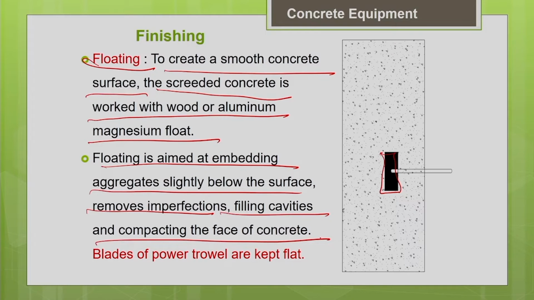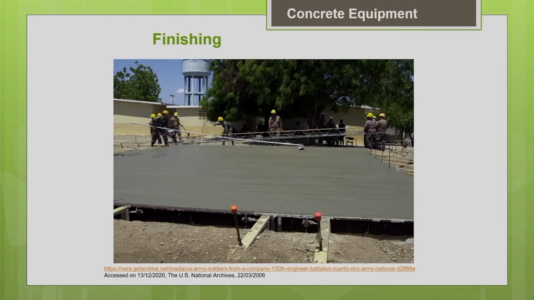When you do the floating job, always keep the blade flat. You can do it manually with simple tools like a wooden or metal float, or there are also machines available, which we will discuss later. This picture again shows how the finishing operation is done with simple tools.